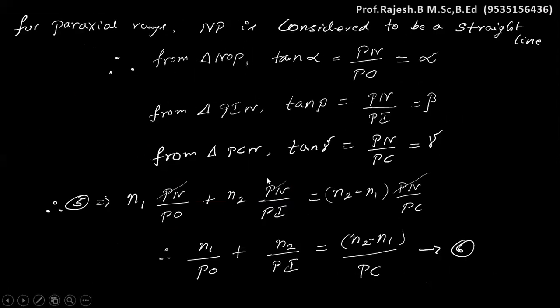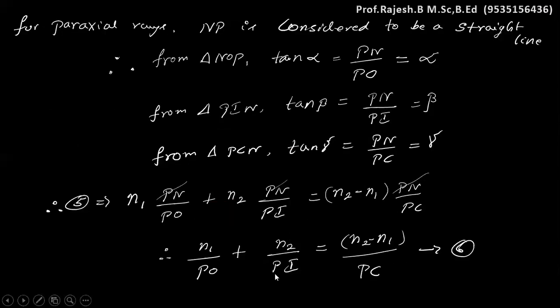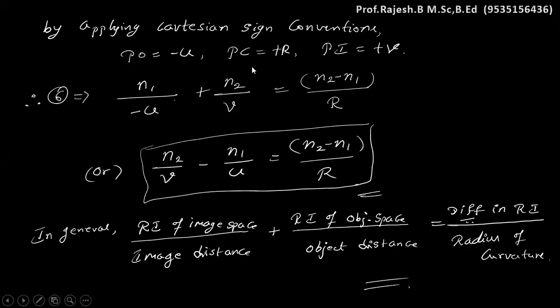After finding alpha, beta, gamma, substitute in the previous equation and you'll get equation 6. Now use the Cartesian sign convention, substitute and rearrange it, and you'll get this equation. In general, we can write this formula for spherical surfaces, and this general formula is applicable for a concave spherical surface also.